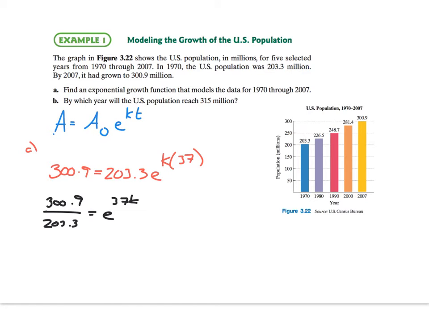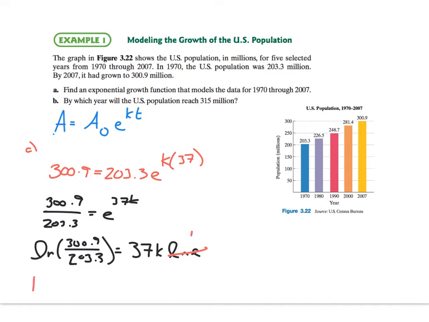Now if I take the natural log of both sides, I get 37k times ln e, and remember that's just 1.